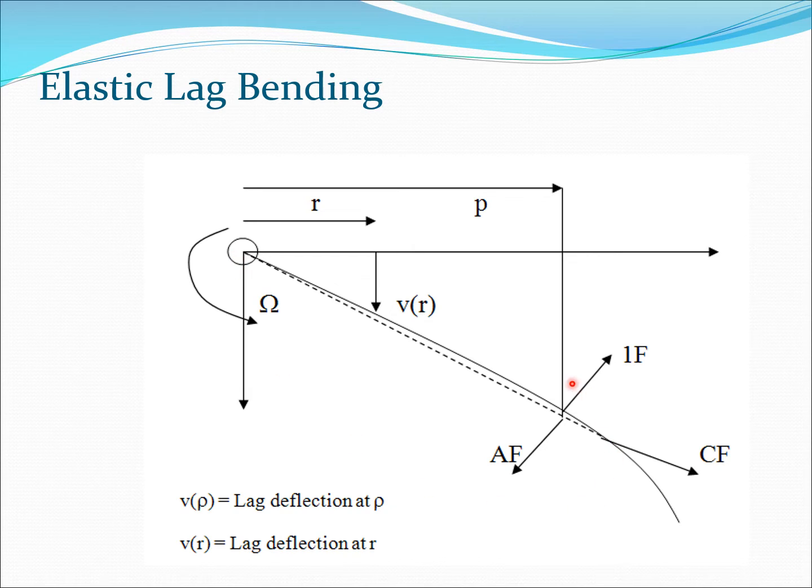The forces which are going to act at a small point at distance rho are going to be the centrifugal force, the inertia force, and the aerodynamic force. Also, V(r) is the lag deflection at r and V(rho) is the lag deflection at rho.